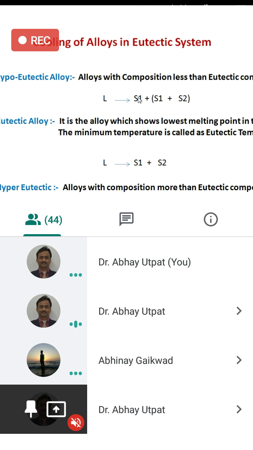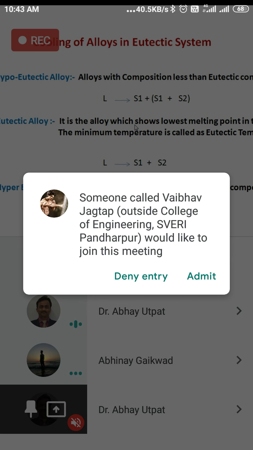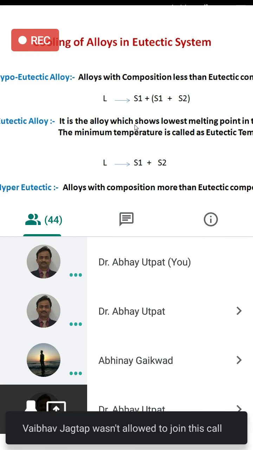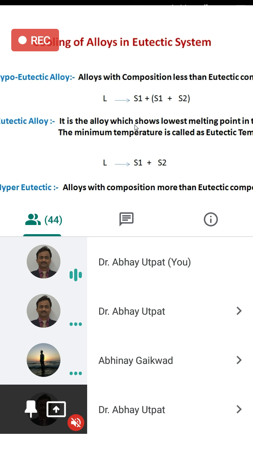So hypoeutectic alloy shows S1 plus eutectic mixture. Now, if you go to eutectic, I have not written separate S1 and separate S2. Actually, the bracket is there. So L gives S1 plus S2 as a mixture. There is no separate identity for S1 and separate identity for S2. It is a mixture of S1 and S2 at micron level.